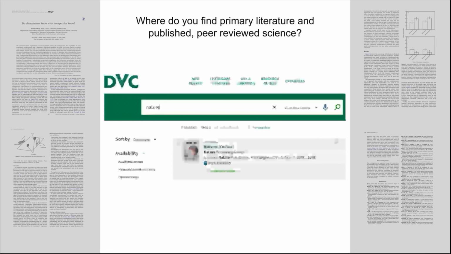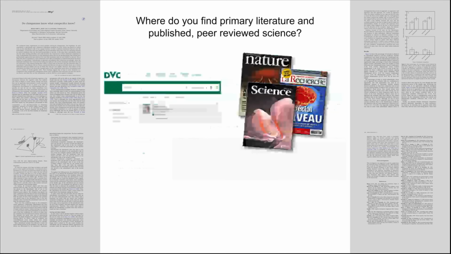Because peer-reviewed publishers are very, let's say, lock and key with access to their journals, it can be a little clunky using online libraries, but indeed, on DVC's website or on a lot of different college websites, if you're a student, you'll have access to a lot of peer-reviewed literature. You could also go to the library and pick up the actual physical hard copies of these journals, and that's how we used to have to do it.